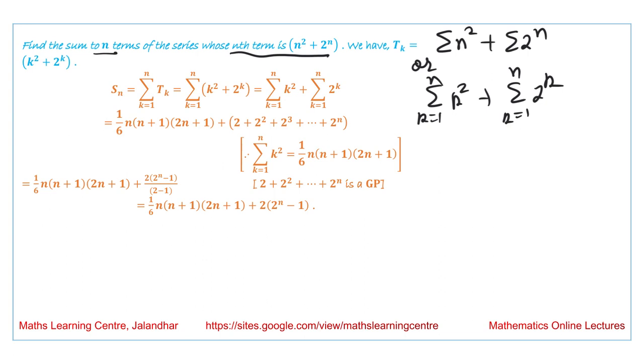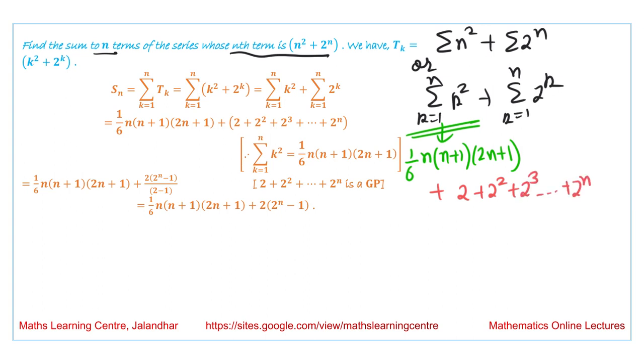Now the sum of these values, it is 1 by 6 n into n plus 1 into 2n plus 1, and the sum of the next values we have is 2 plus 2 raised to the power 2 plus 2 raised to the power 3, so on up to plus 2 raised to the power n.